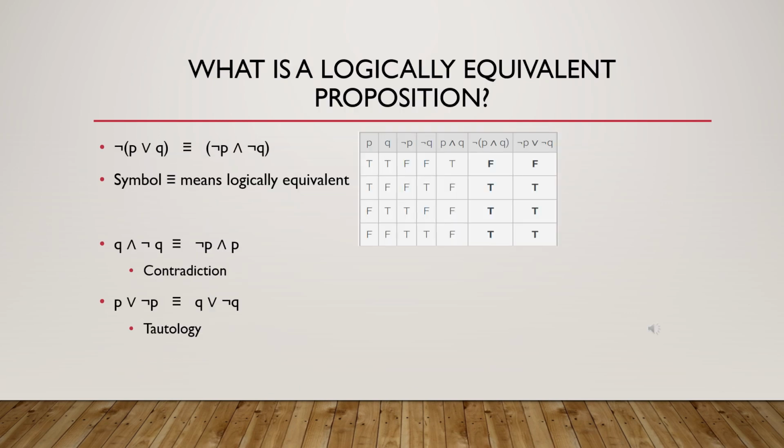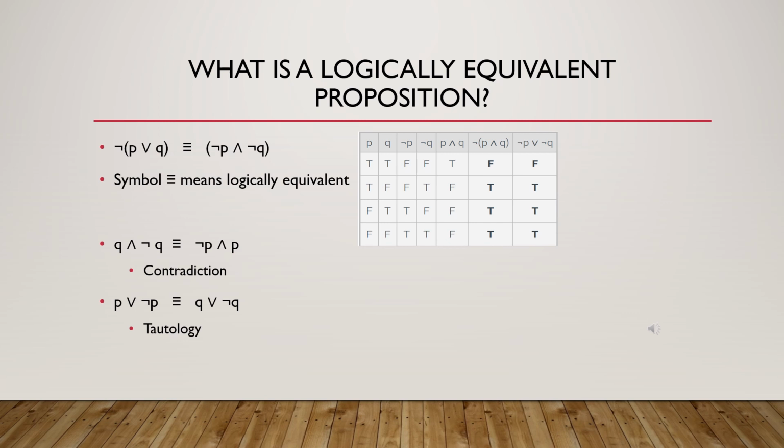What is a logically equivalent proposition? A logically equivalent proposition means that when the P and Q values match for each side, they will either both be true or both be false. The symbol for logical equivalence is 3 dashes over one another.